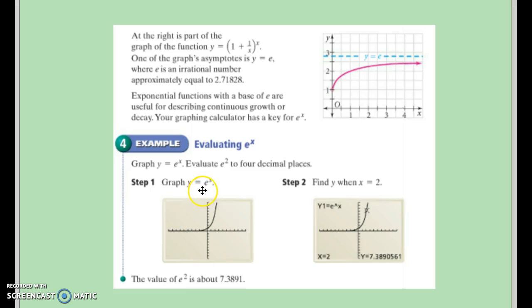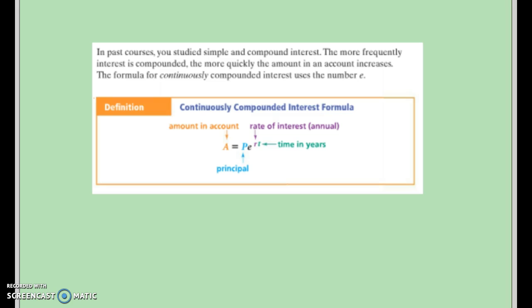Remember, we can also do this without a calculator. We can pick some values for x, plug those in, plot the points, and connect them. Then once we graphed it, we found y when x equals 2. We used our graph and traced, and our value of e squared is approximately 7.38 and continuing on and on.